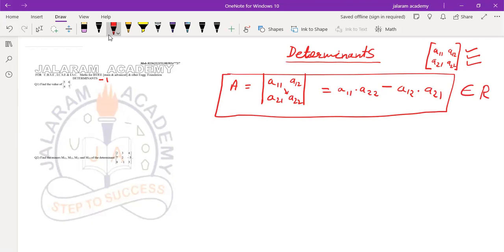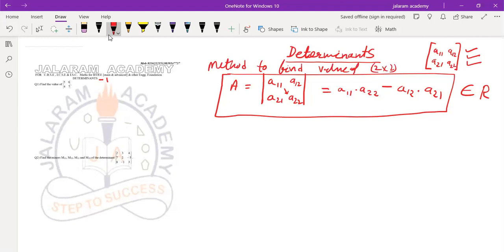For multiplication and subtraction, we can multiply them directly by finding their values with this method if it is a determinant of order 2 cross 2. So this is the method to find the value of 2 cross 2 determinants.